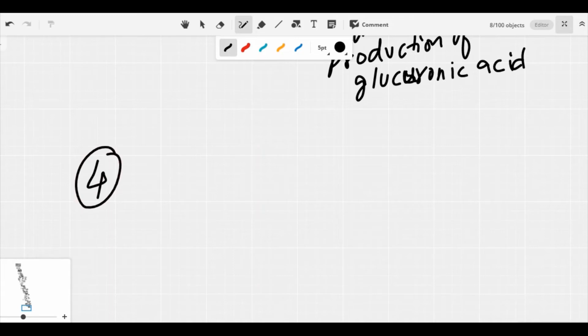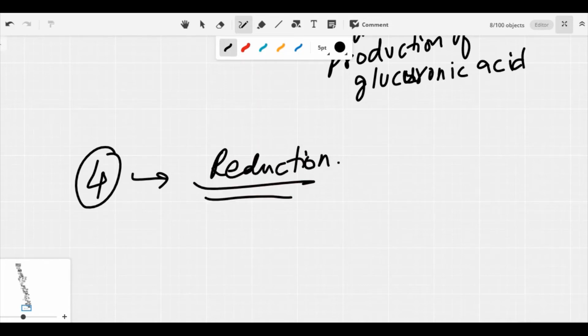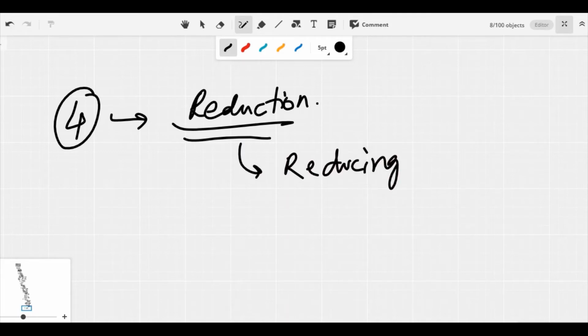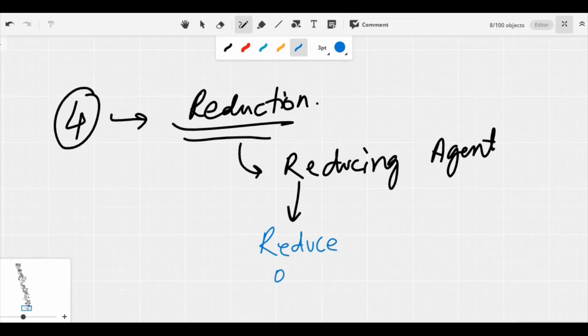So here we will discuss in detail the reduction. Reduction is the process using a reducing agent. The reducing agent is the one that reduces the other one but is oxidized itself.